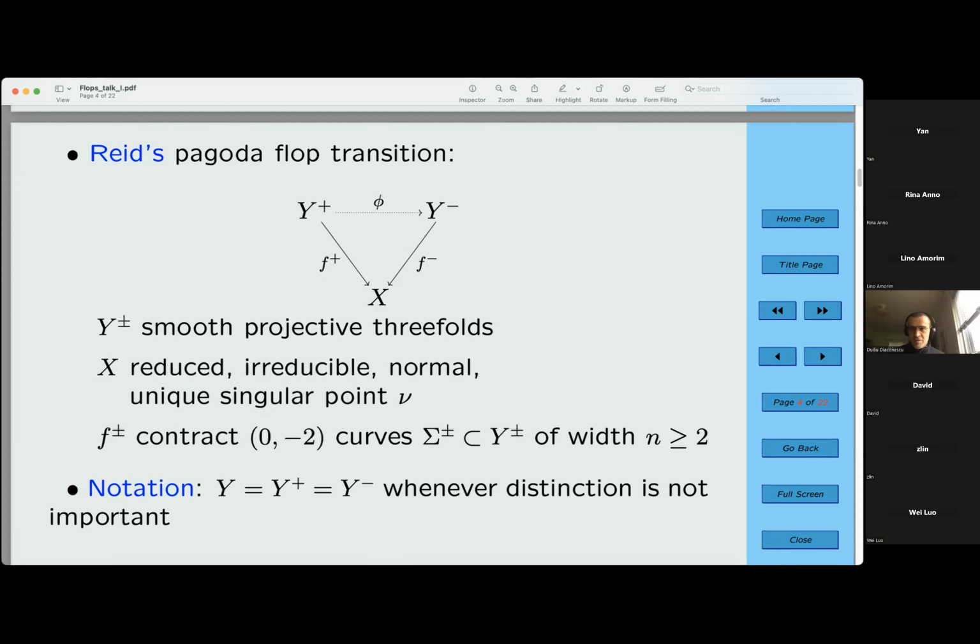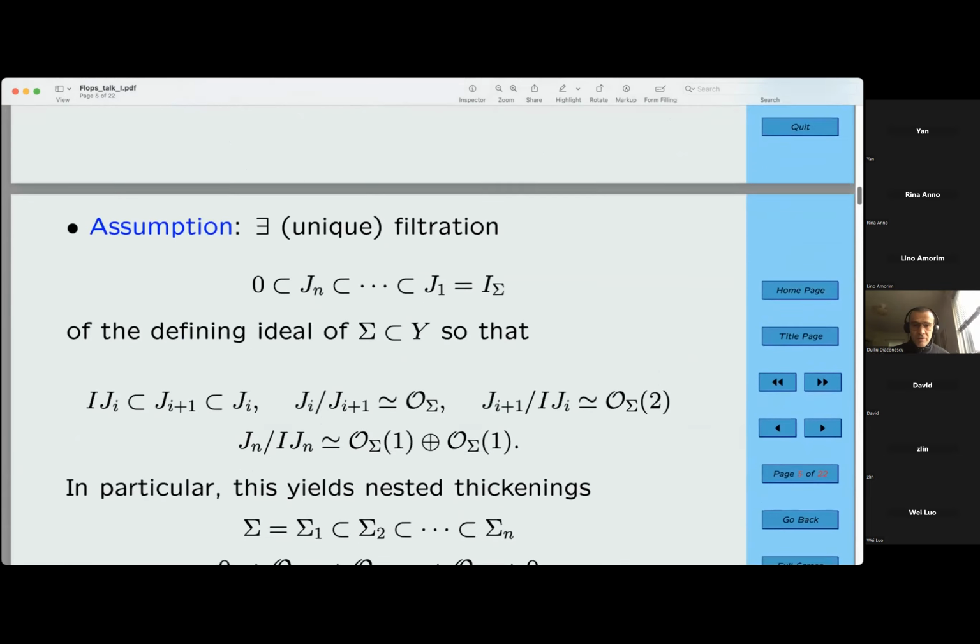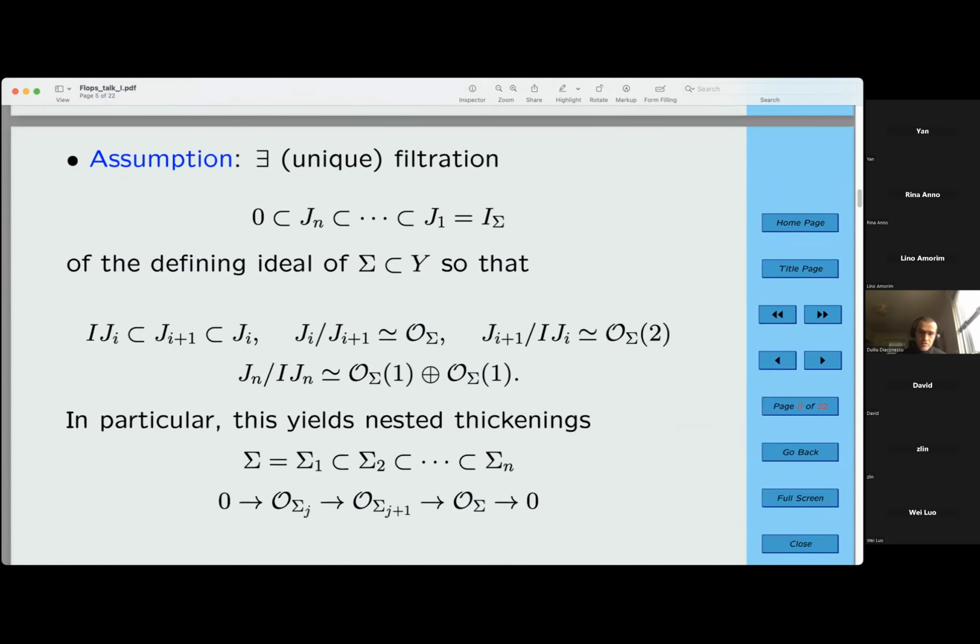All right, so now I have to make a couple of assumptions in order for me to be able to realize my goal. And this is a technical assumption. Basically it says that the geometry provides for you a preferred chain of nested thickenings of my (0, -2) curve of length n.